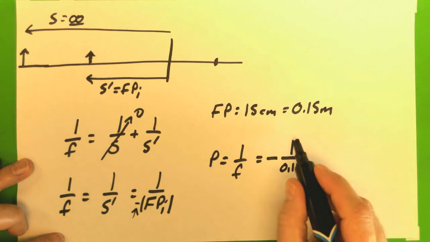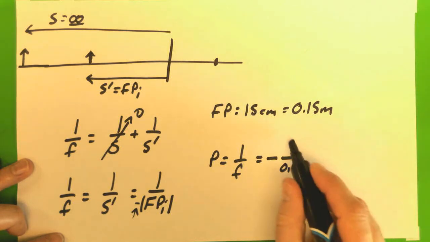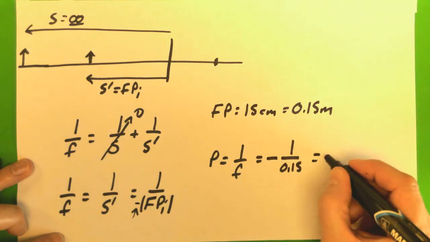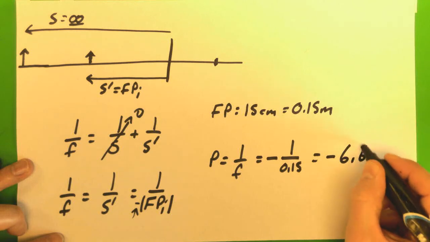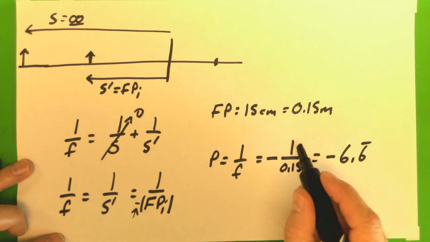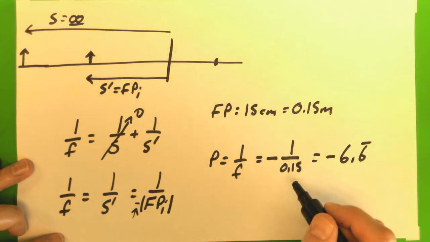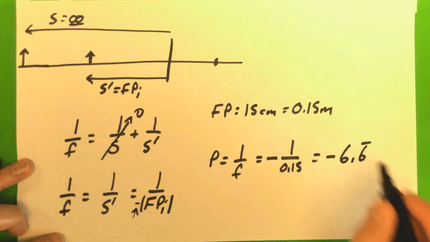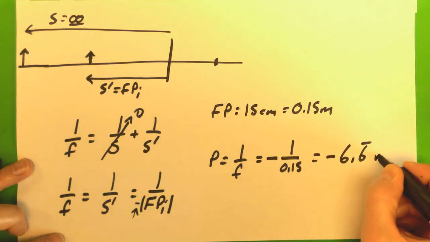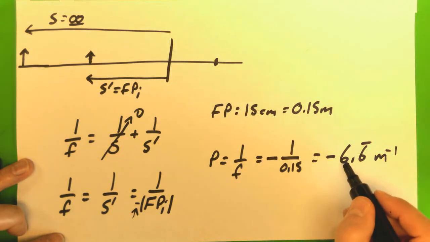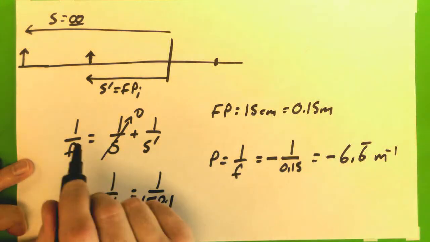When I divide this out, I have 1 meter divided by 15 centimeters, or 0.15 meters. I end up with a power of 6.6 repeating. Notice that's unitless because we have meters, I apologize, it's not unitless. This is in inverse meters. I was getting two things mixed up. Apologize. So we have inverse meters there, and diopters is the other term for that.